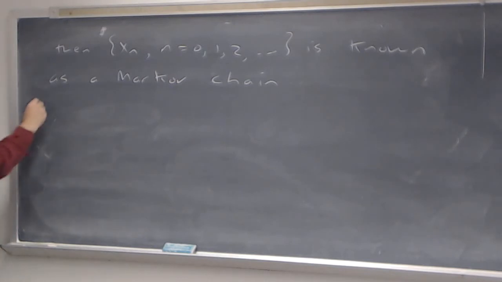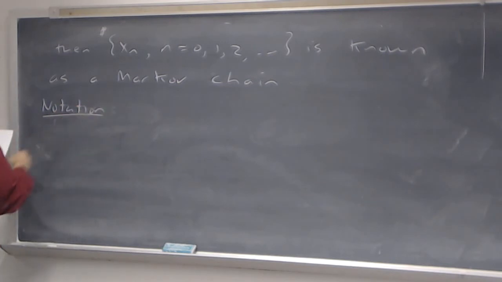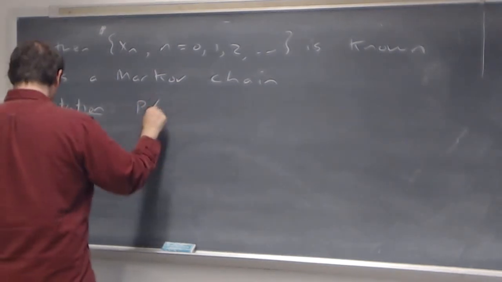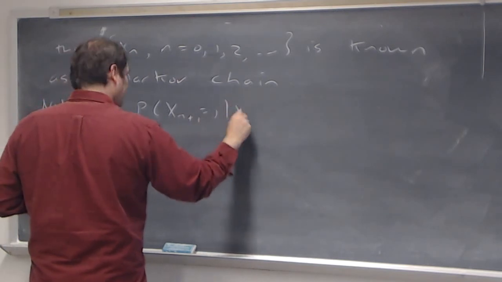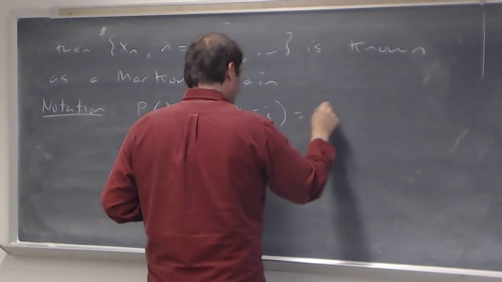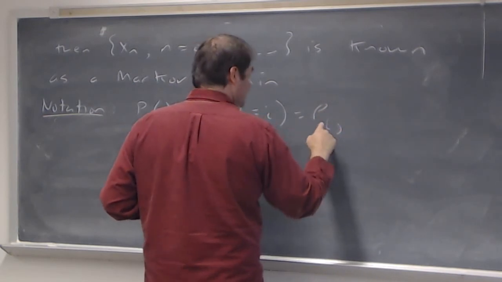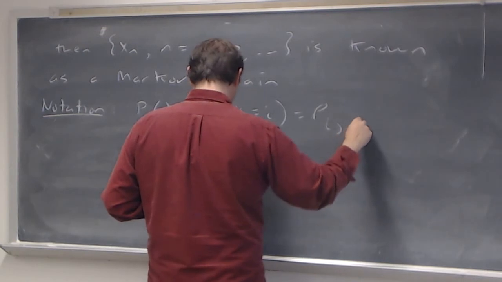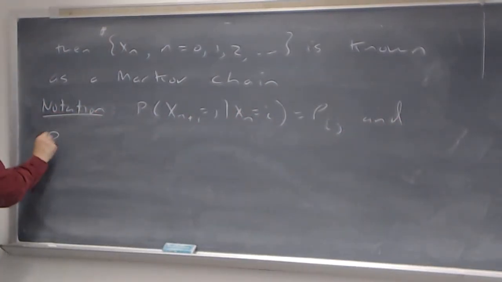In terms of some notation, the probability that x sub n plus 1 equals j given x sub n equals maybe i, that can be denoted as probability p sub ij.